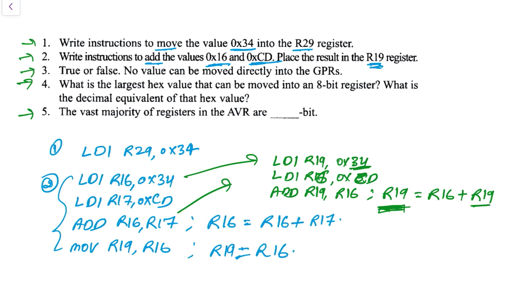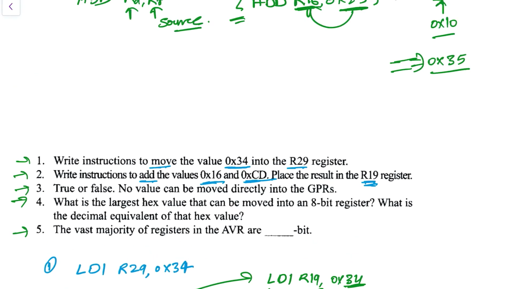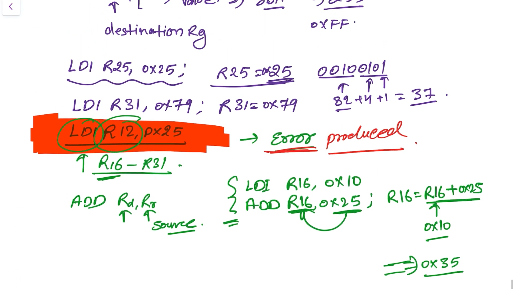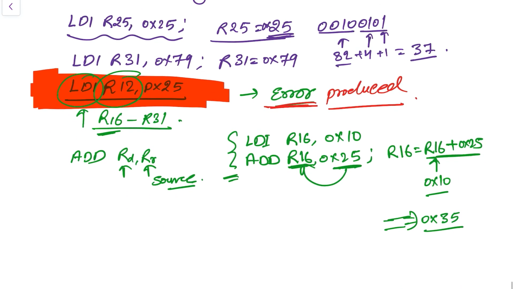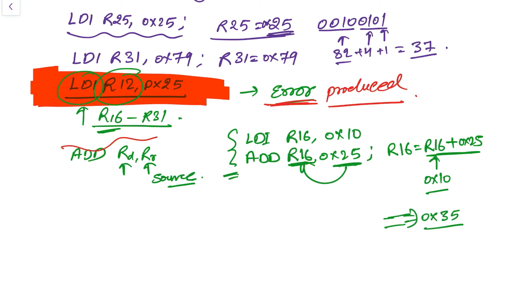And before we end this tutorial, I would like to make a correction here, into the add operation. We did addition with an immediate value, which is not possible.